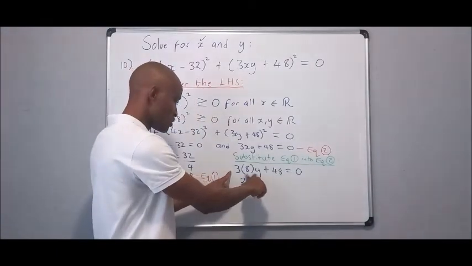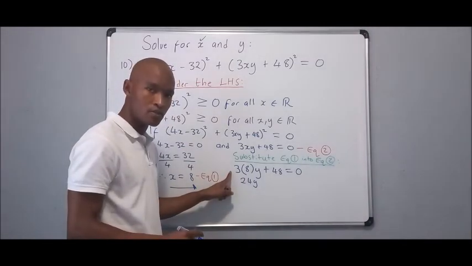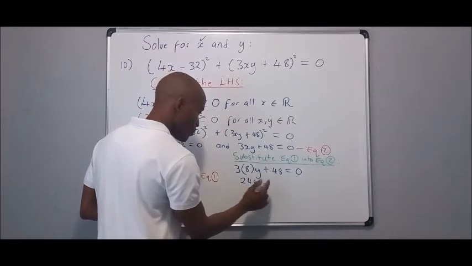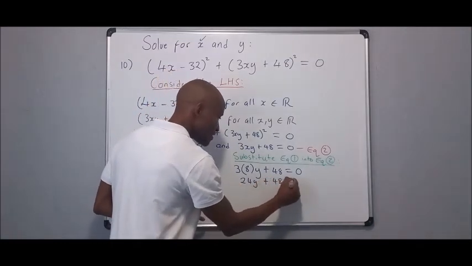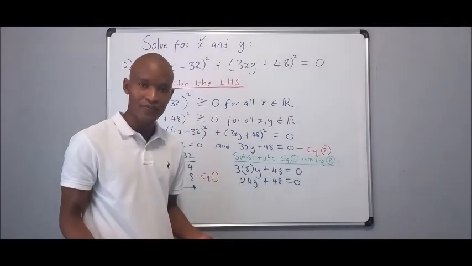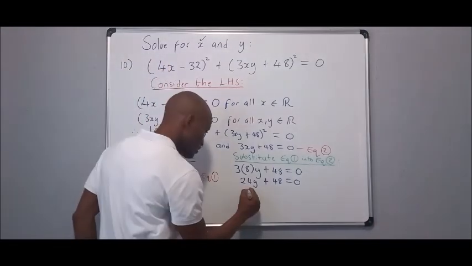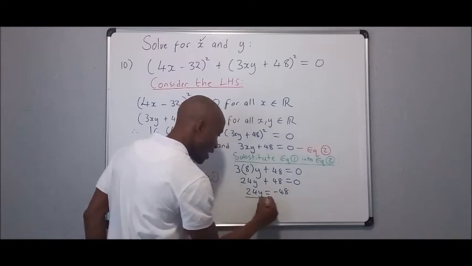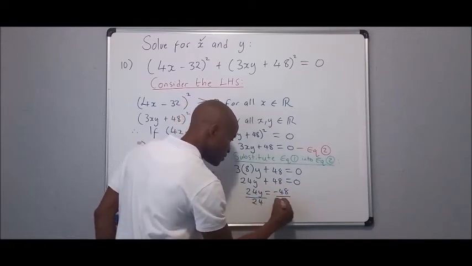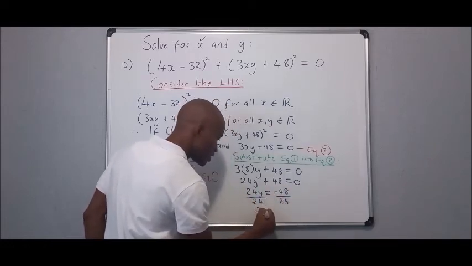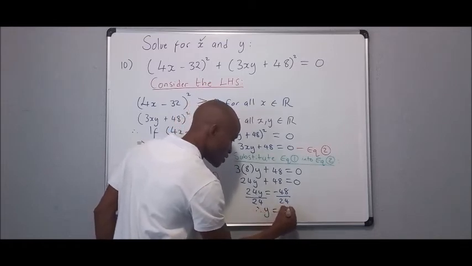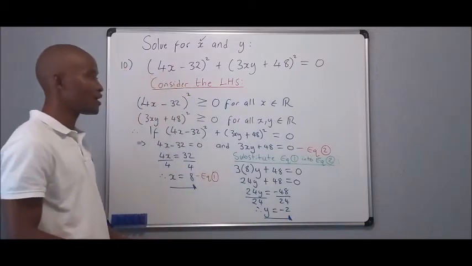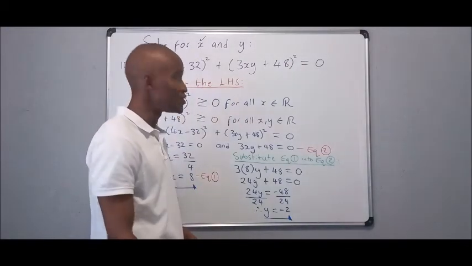Okay, because these terms that we are multiplying give us just one term, a monomial, 24y, plus 48 equal to 0. Okay, and we can clearly see that from here, 24y is equal to negative 48, and we finally work out the value of y. y is equal to negative 2. And there we are with the solution.